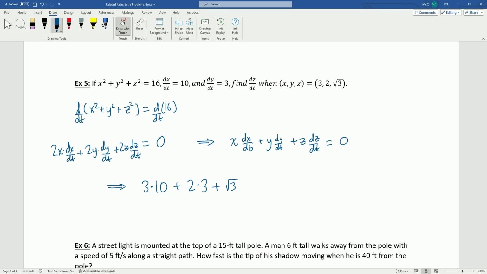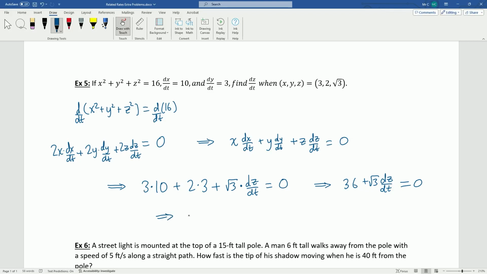And dz/dt is what we're solving for. So this is all still going to be equal to 0. 3 times 10 is 30, plus 2 times 3 is 6. That's 30 plus 6 is 36, plus the square root of 3 times dz/dt equals 0.